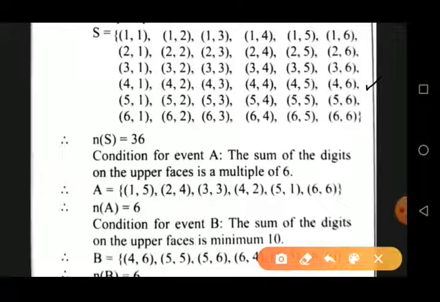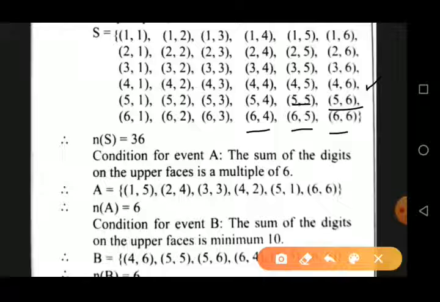From (5,5), this (5,5), this (5,6), the sum is 11, and this (6,4), this (6,5), this (6,6).